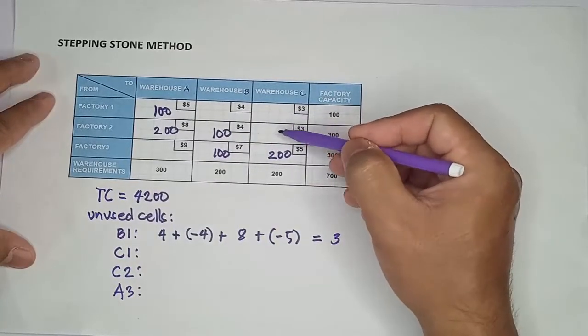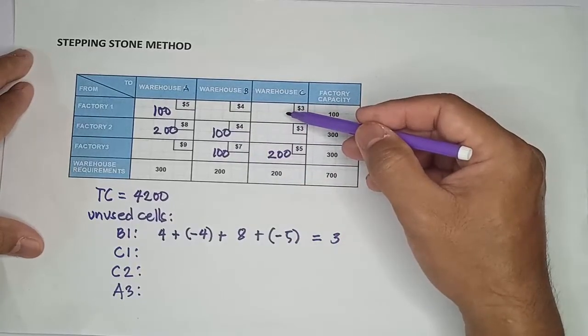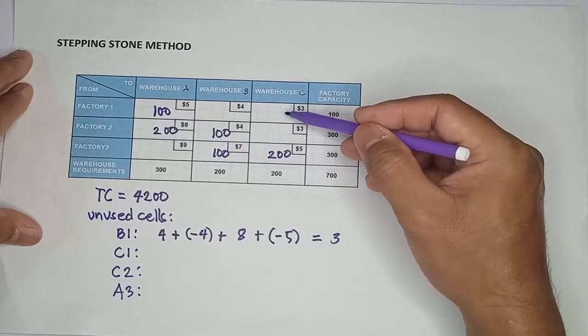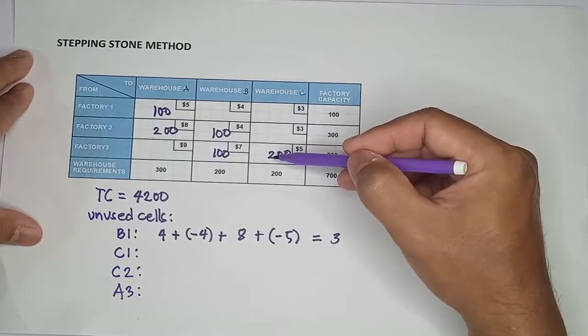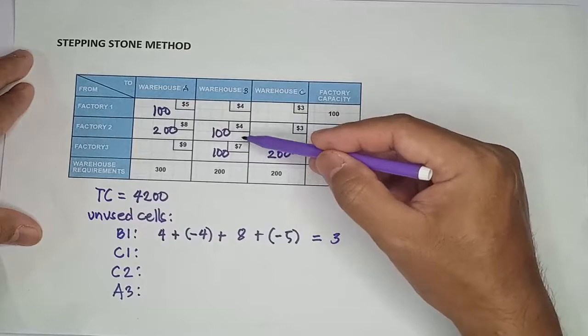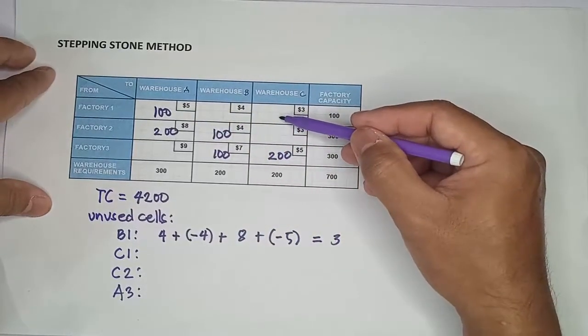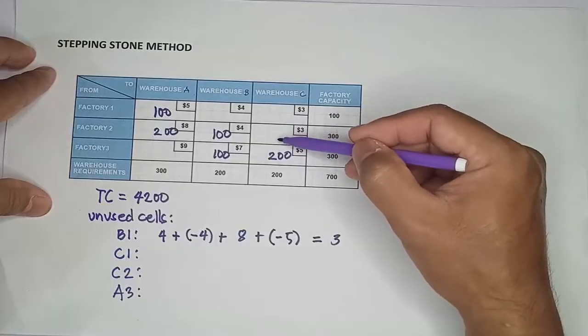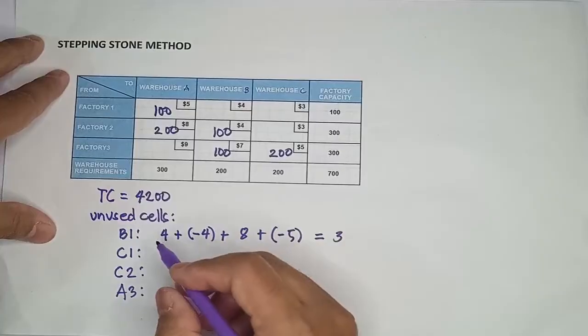Again, the movements are vertical and horizontal. Take note, as a trick or technique, you can jump over a water or a stone in identifying the corresponding loop. So for this case, we jumped over this empty cell.